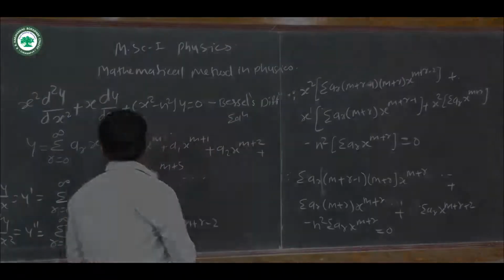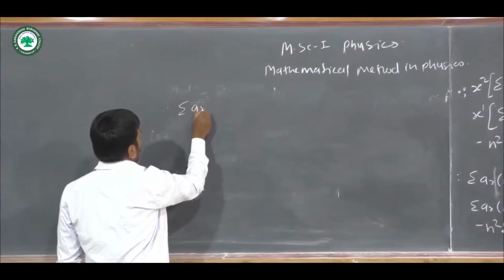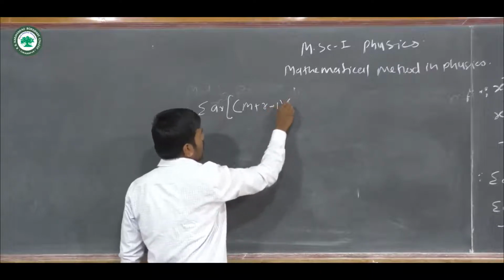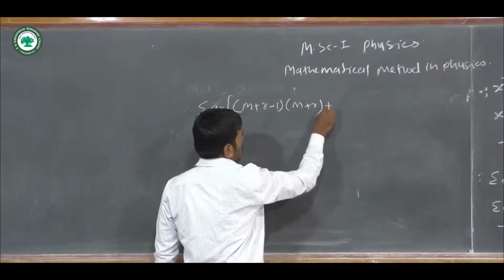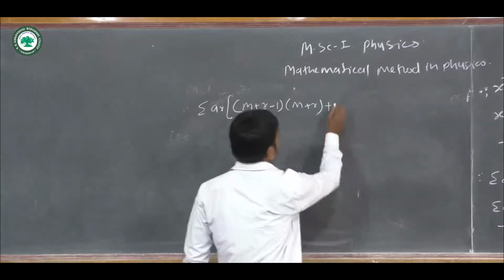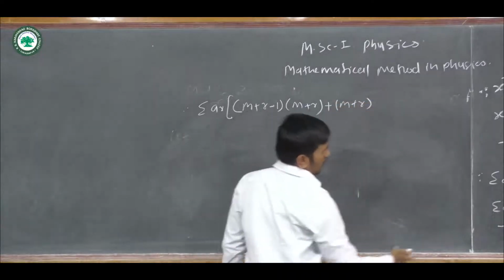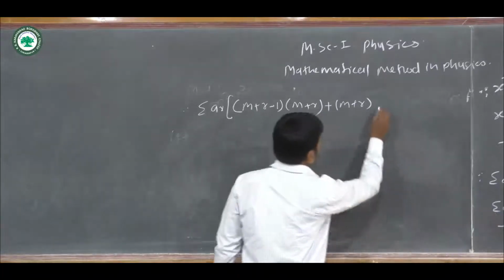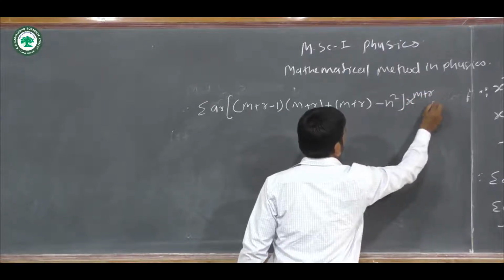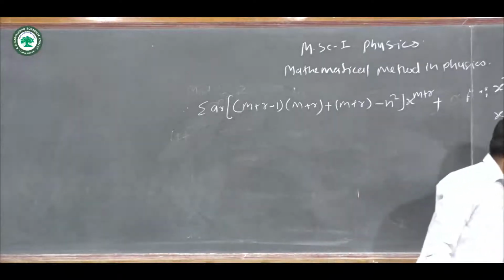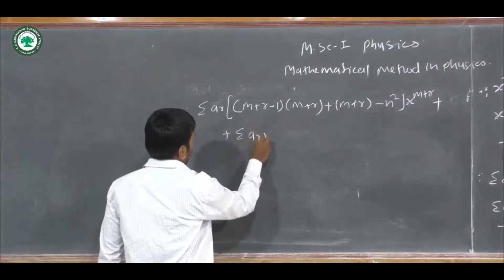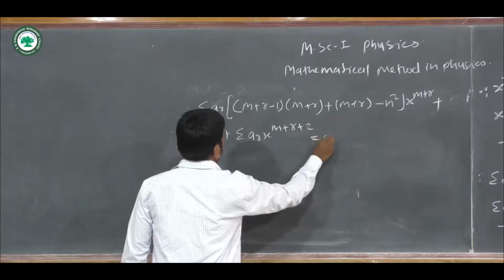Okay, so summation a_r into (m+r) minus 1 into (m+r) plus, this is for this summation, and for the second summation, that is (m+r), I am right here, and the last summation, that is minus n squared into x^(m+r) plus, okay, so here power of the x, that is x^(m+r+2), so that is summation a_r x^(m+r+2) is equal to 0.